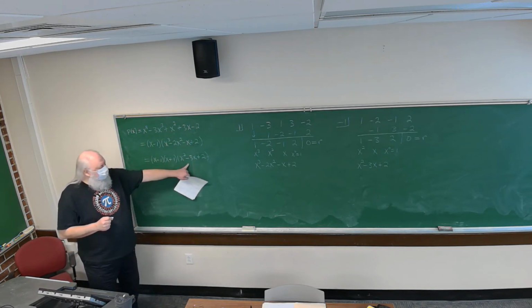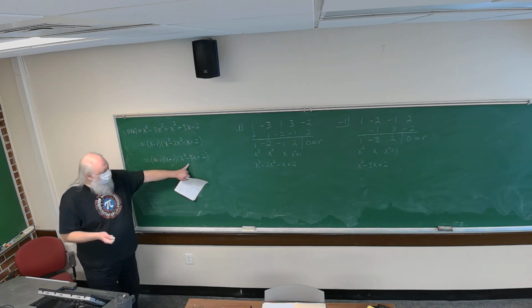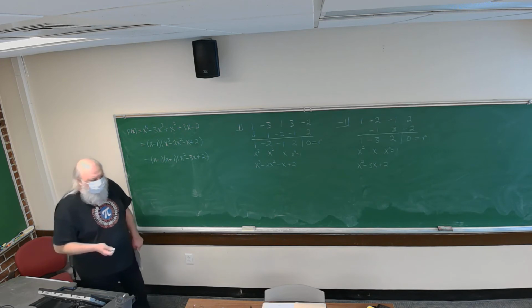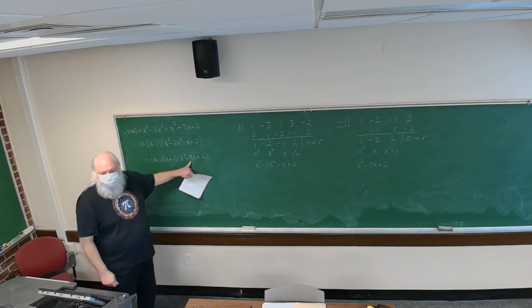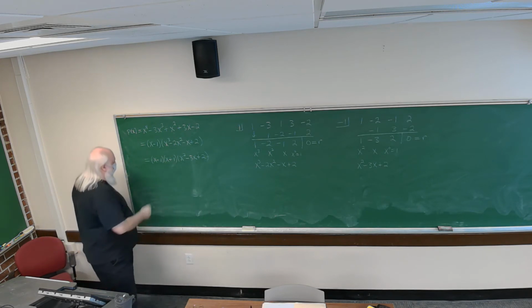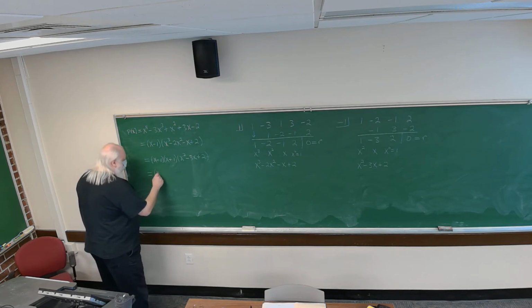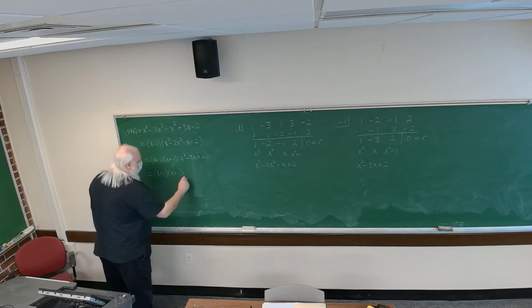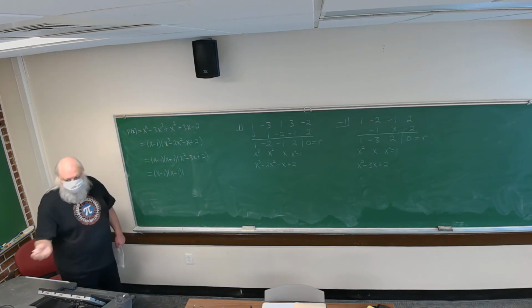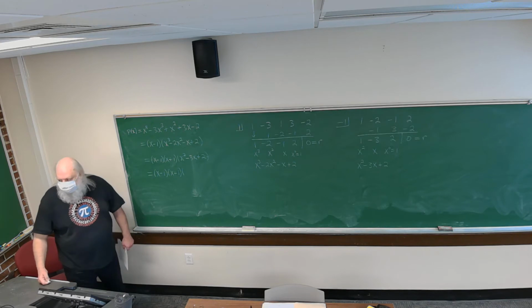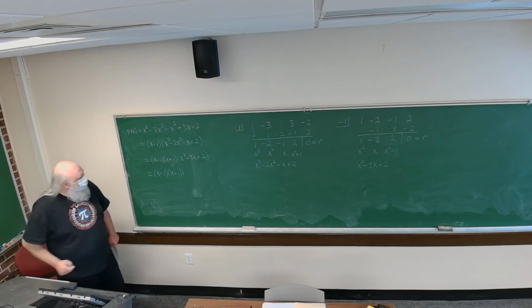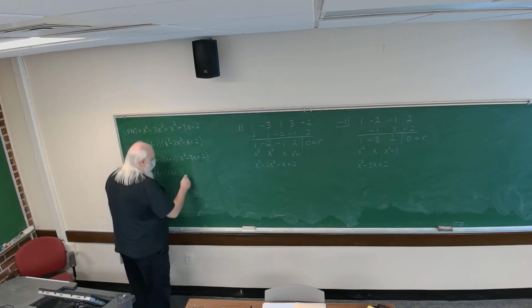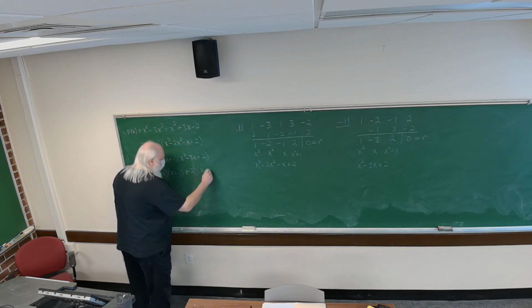Now to find the last two zeros, we set the quadratic equal to 0 and solve for x, right? And it turns out that this factors with whole numbers. All quadratics factor, but they don't all factor with whole numbers, because some have complex numbers. And this factors into x minus 2 times x minus 1.